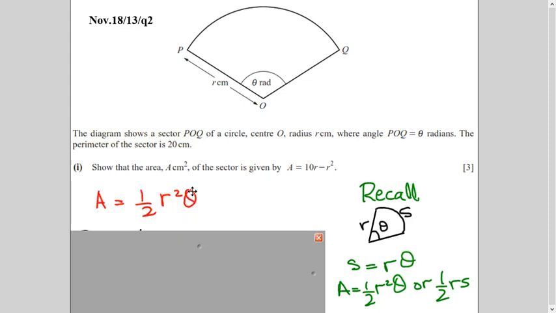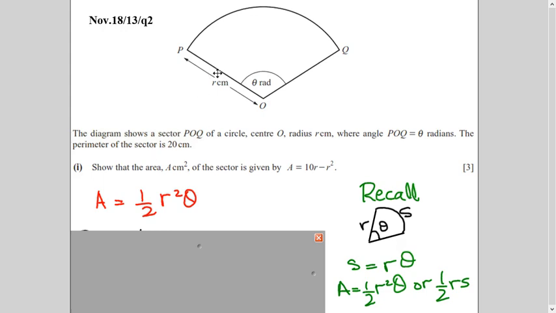Now, because we have to show that area is this, let's write down the formula for the area of the sector first of all. A is equals to half r squared theta I'm starting with. Now if I see what I have to prove does not have theta, it means I need to replace this theta by something. So then you need to focus on the information given to you here. It's about perimeter, which will help you to get away with theta.